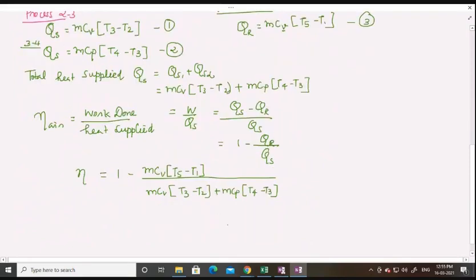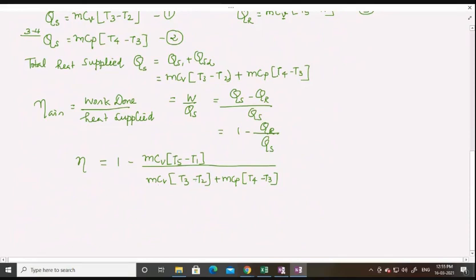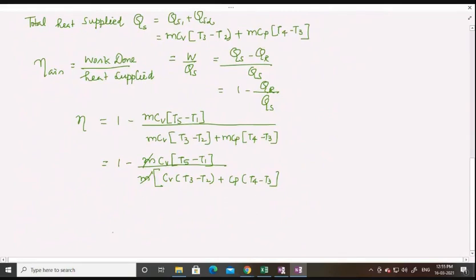Right. So actually here, consider the mass as 1 kg. Taking common terms outside, T5 minus T1 over the remaining term, Cv (T3 minus T2) plus Cp (T4 minus T3). So the mass gets cancelled.